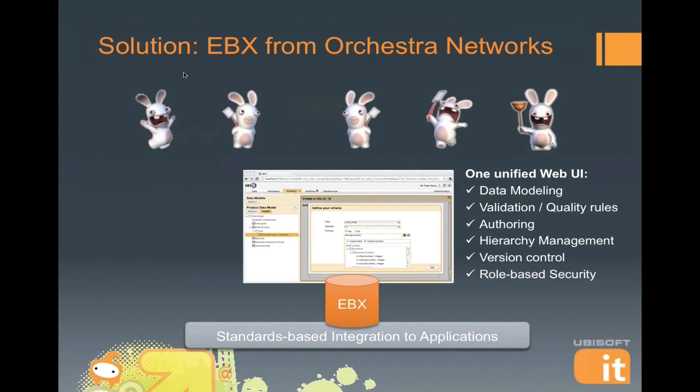So the solution, and I understand that we'll talk a little bit more about this later, so I'll go more quickly through this, is there's one unified web user interface for modeling, for validation, for authoring, for our hierarchy management, controlling versions, and then the security aspects of being able to, across our different business groups, across different geographic locations, the ability to have multiple and different role-based security made it very, very effective.